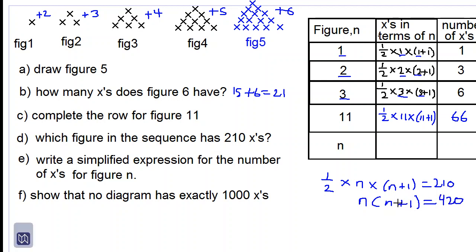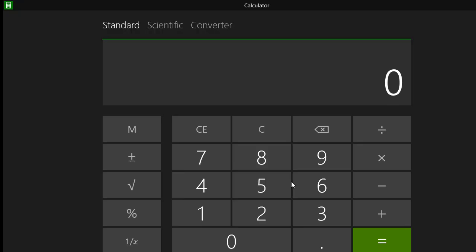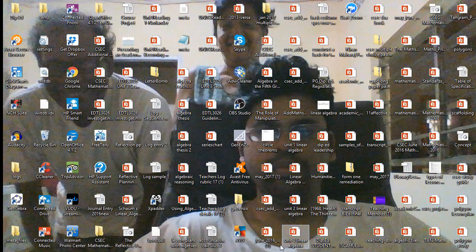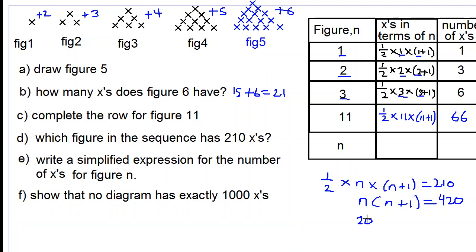So we are looking for two consecutive numbers, and when we multiply them by each other we get 420. So we can find the square root of 420 just to get an idea of what the number could be. 20.5. So let's try 20 times 21.